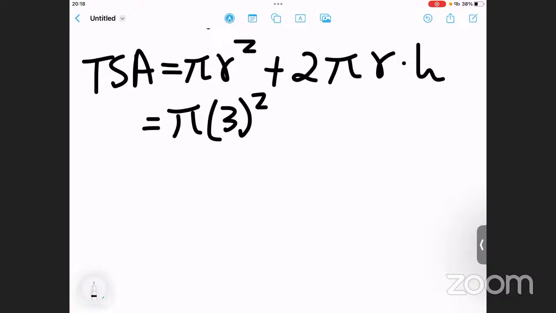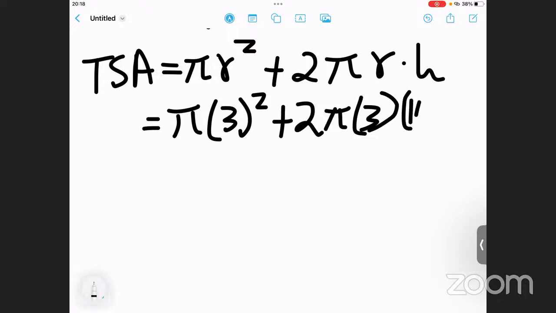Next, we're going to do the same thing, plus 2 pi 3 multiplied by 10.4, since we calculated the height of the water. This one I remember where it's coming from. So in total, if you want it simplified, then you're going to say 28.27.